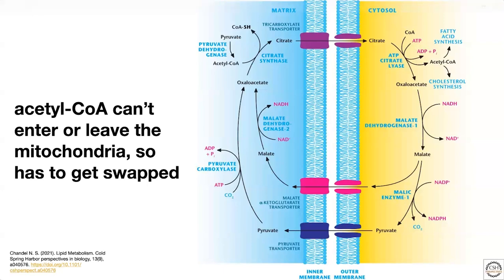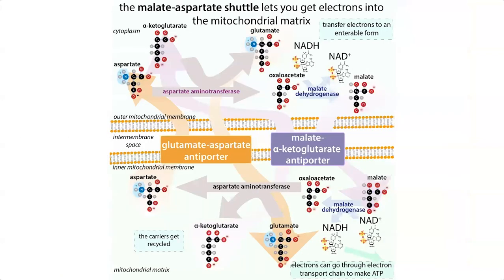And so if we want to get the rest of the carbons back into the matrix, where they can be broken down further, oxidized further, we're going to need to transport them in a different form. We have kind of two options. We can convert it to malate or we can convert it to pyruvate. Either way, we're actually going to convert it into malate first. This is the same reaction we were looking at when we were talking about how we get NADH equivalents into the mitochondrial matrix via the malate aspartate shuttle.